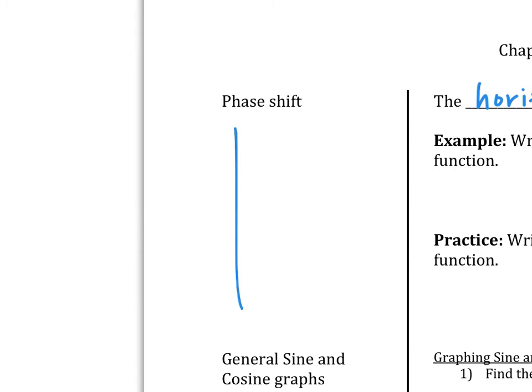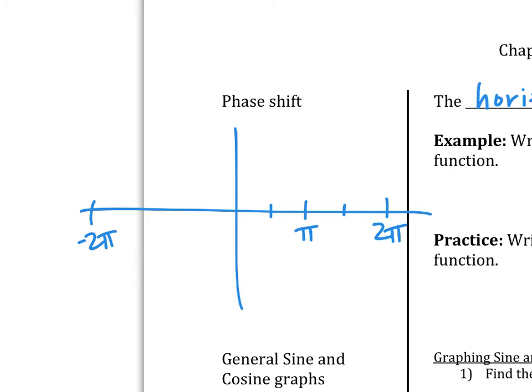Well, let's take a look at the two graphs from the very beginning of this chapter. We know the graphs look like this, where the sine graph was something like this, and the cosine graph was something like this.